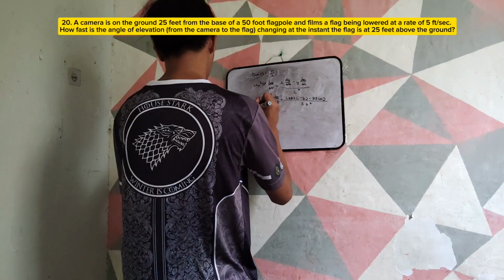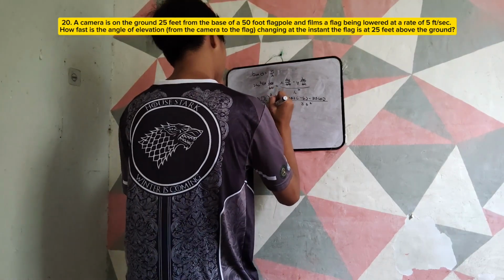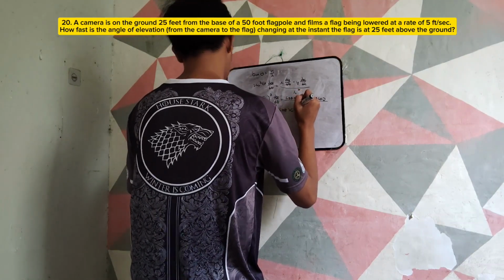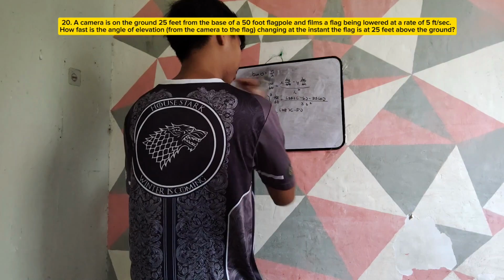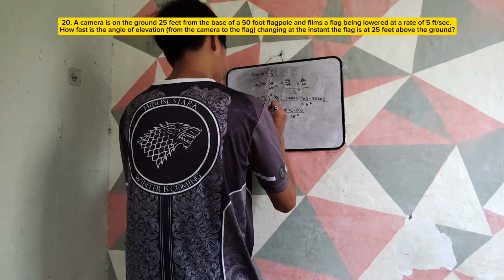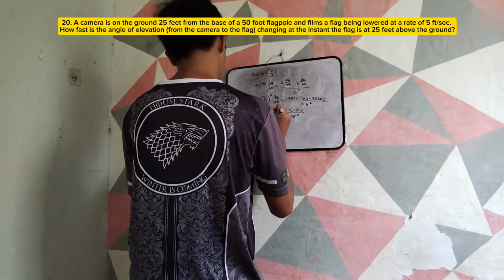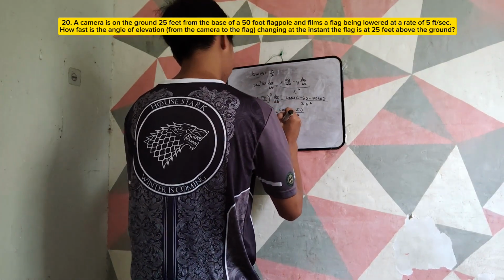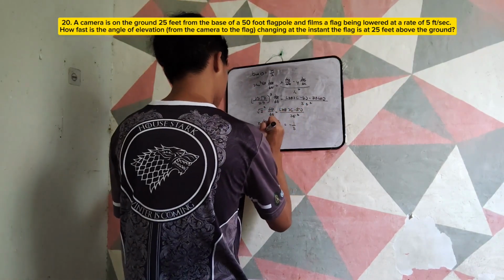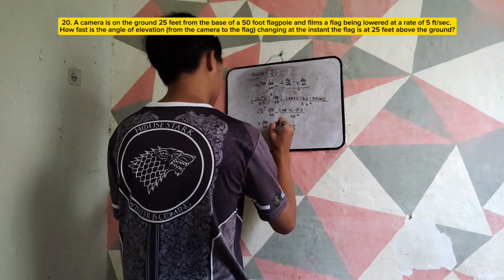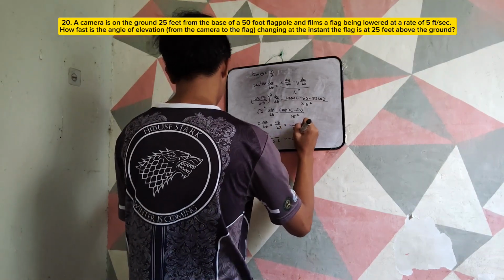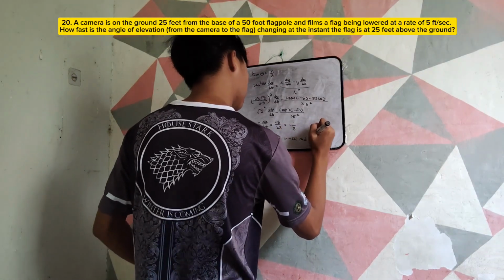So 2 d theta over dt is equal to negative 5 over 25, which is equal to negative 1 over 5. Therefore, our final answer d theta over dt is equal to negative 1 over 5 times 2, or is equal to negative 0.1 radian per second.